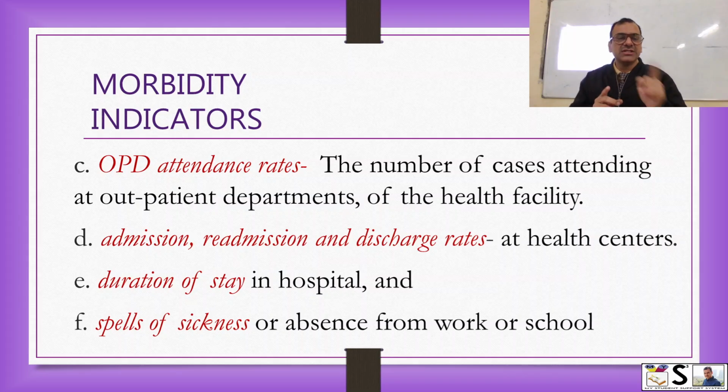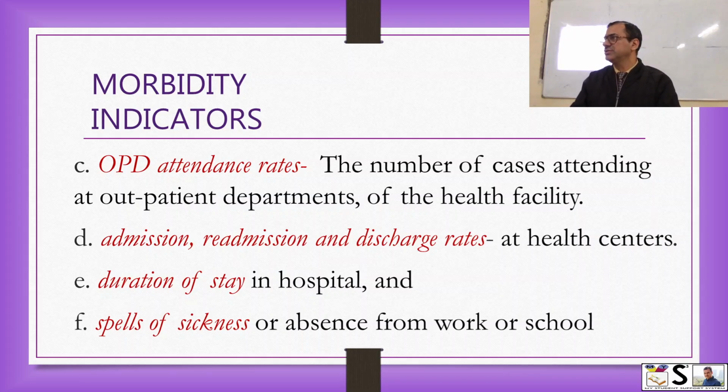Okay. In the same way, admission, readmission and discharge rate. Okay, we also calculate them in the hospital, how they are admitted and number of cases. And then duration of stay. How many days a patient having a particular disease is staying in the hospital. This is also a morbidity indicator. And then spells of sickness.